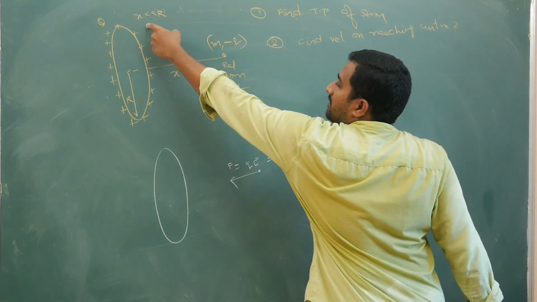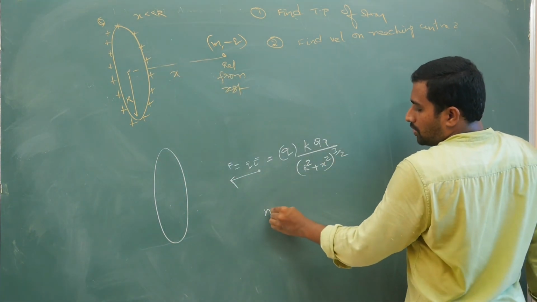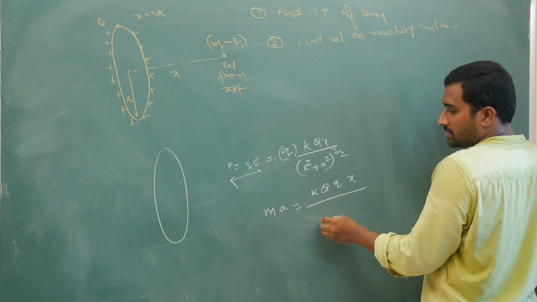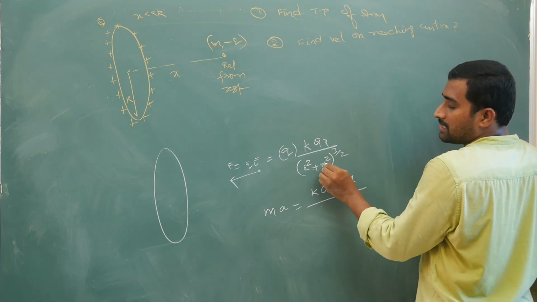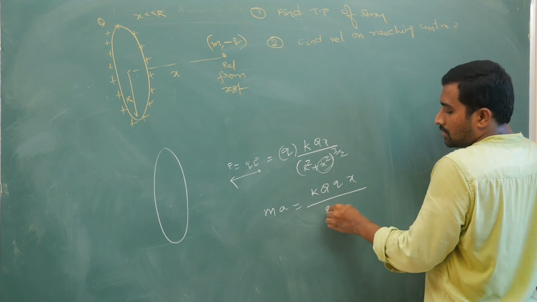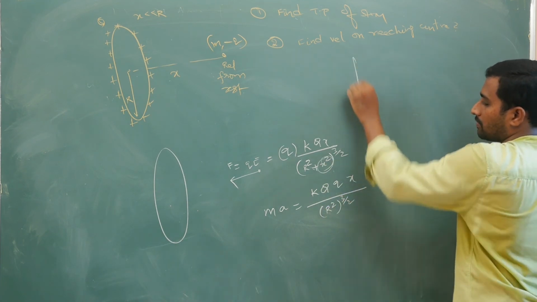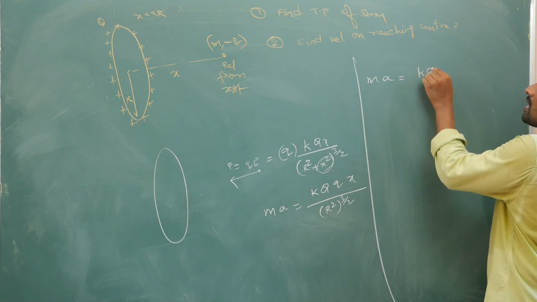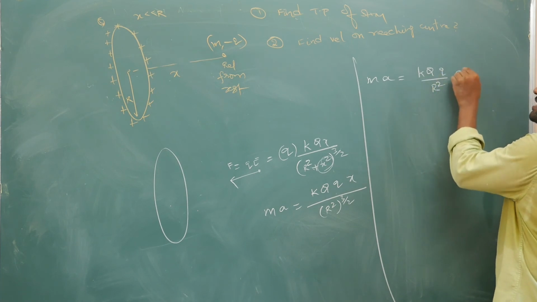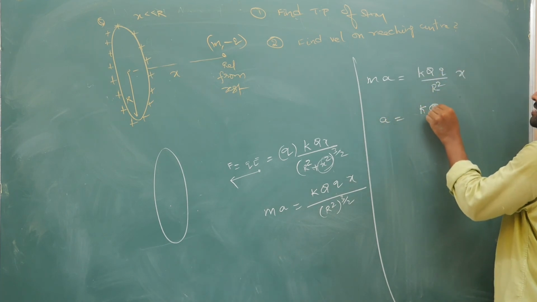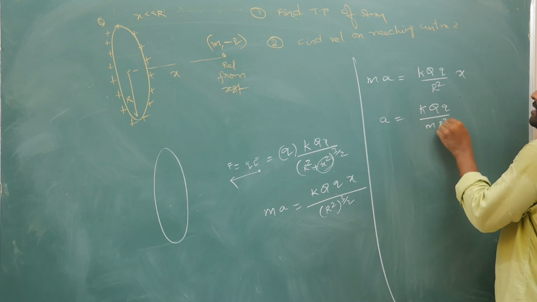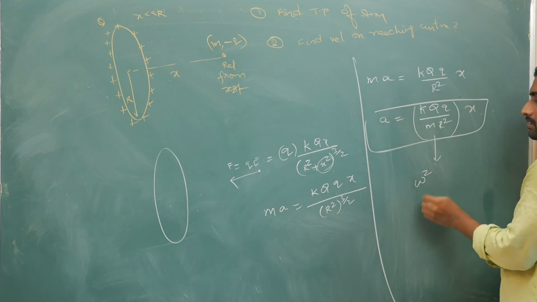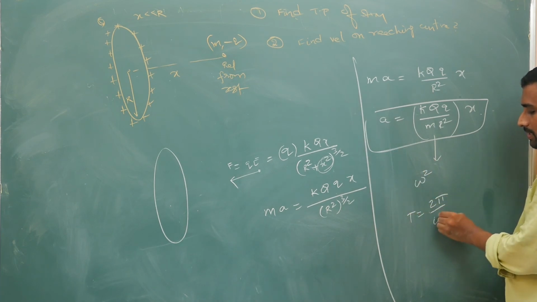Now in the question it is given that x is very much less than r, so your ma is equal to k into capital Q into small q into x by r square plus x square whole power 3 by 2, where x square is negligible because it is very small, so this will become r square whole power 3 by 2. So from here your ma is equal to k into capital Q into small q by r cube into x. From here a is equal to k Q q by m r cube into x. So from here this is equal to omega square. From here your time period is 2 pi by omega.